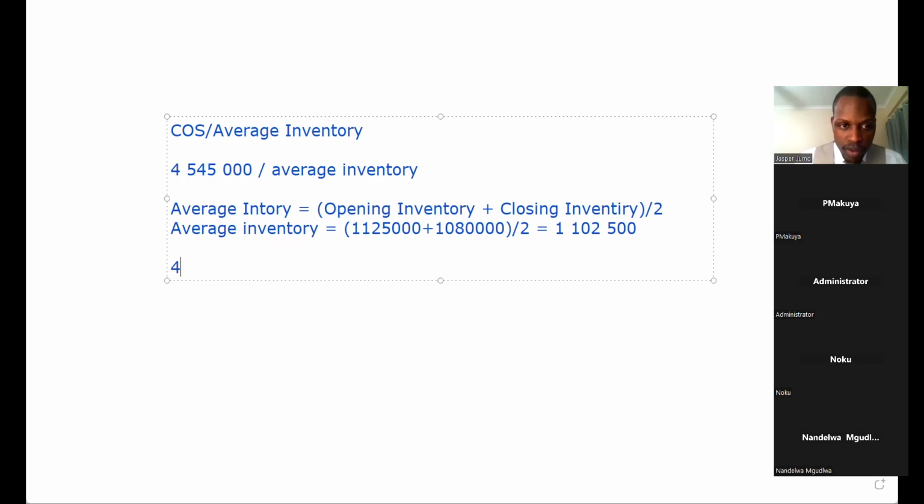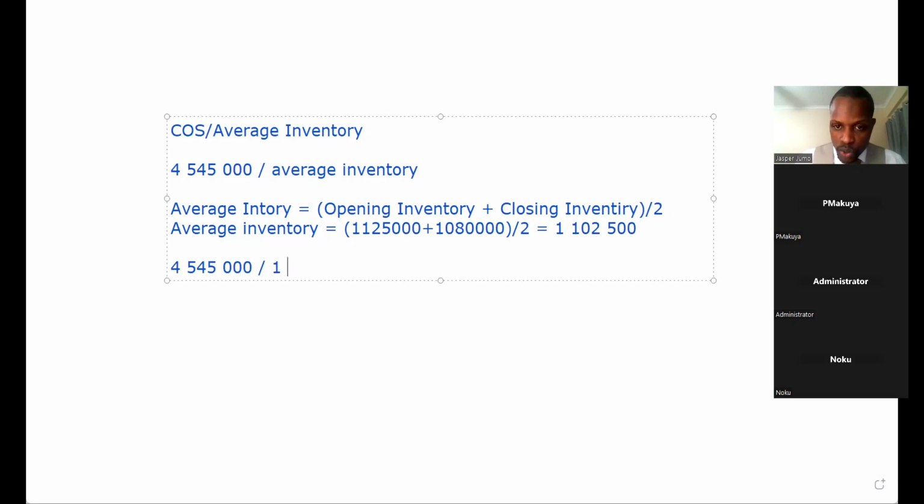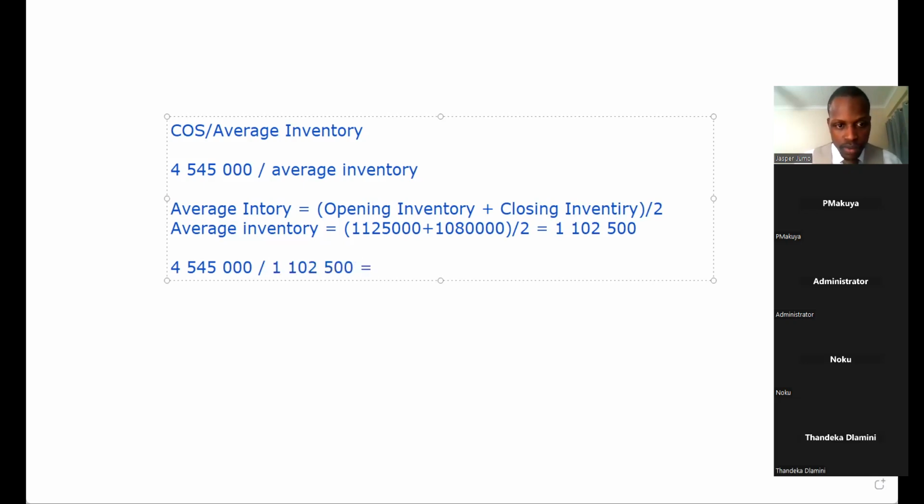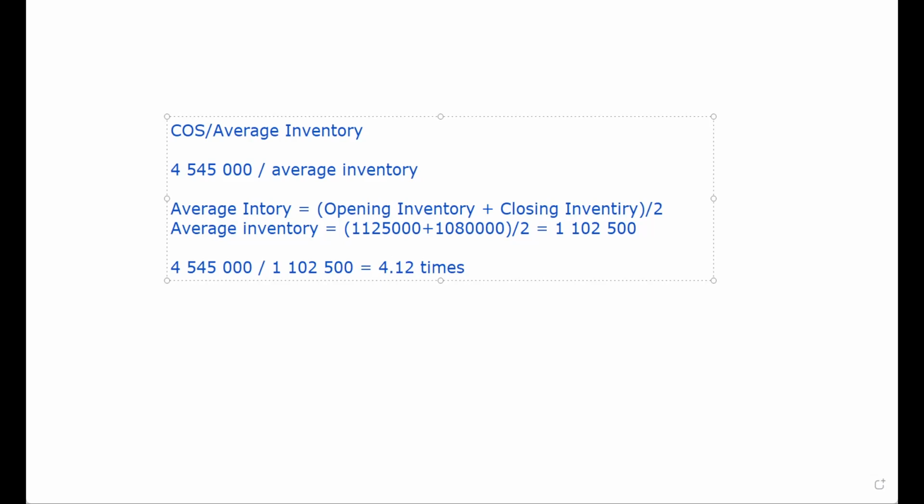And therefore, our inventory turnover is going to be equal to, that's the answer that we're going to end up with for our inventory turnover. Are we all on the same page on this?